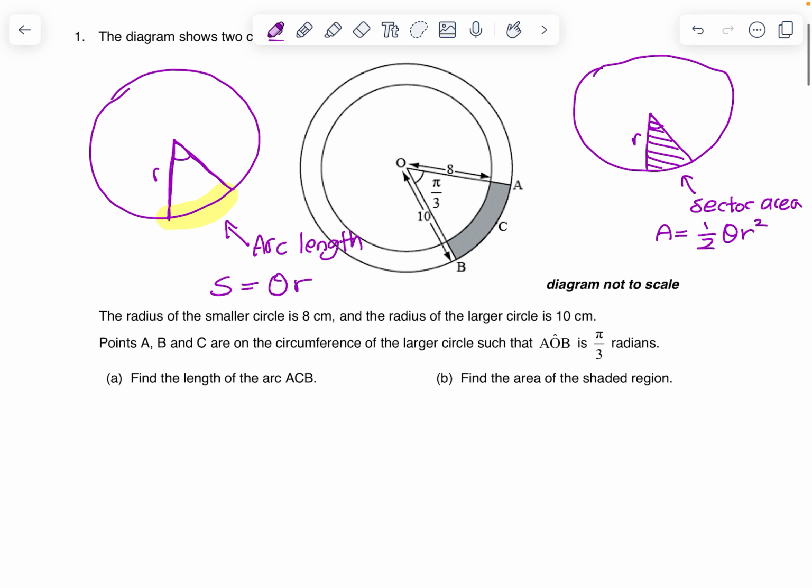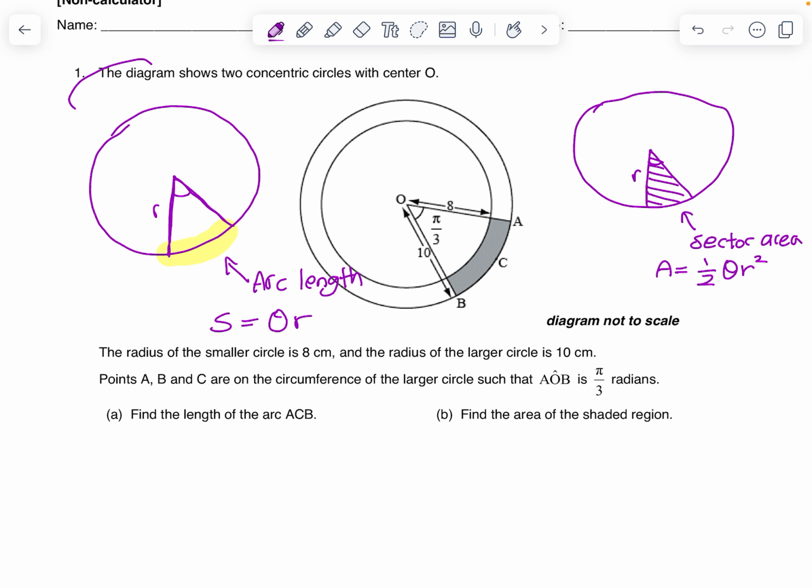Now, to apply that, let's take a look at this question here. The diagram shows two circles that share the same center, and you can see we have one circle inside and one circle on the outside, and it says the radius of the smaller circle is 8 cm, as you can see, and the larger circle is 10 cm.